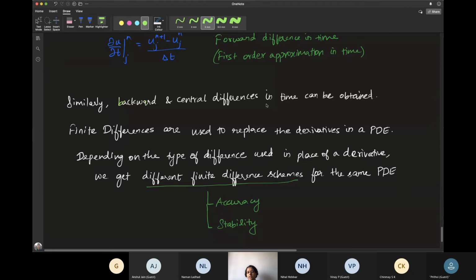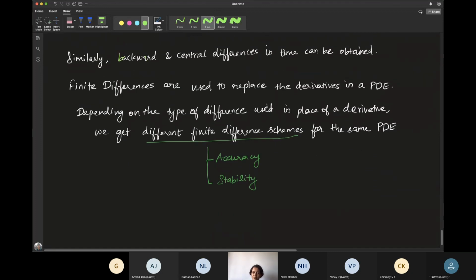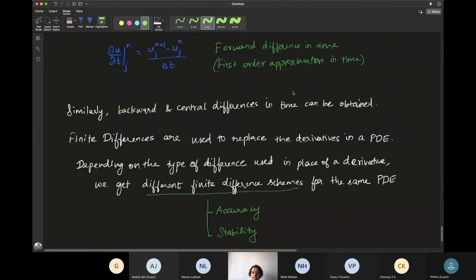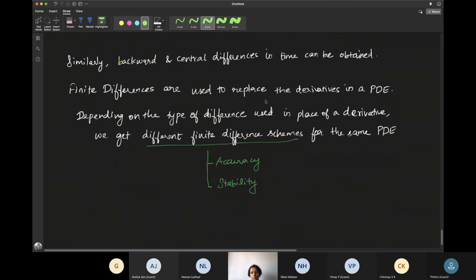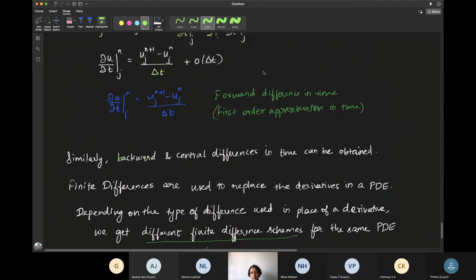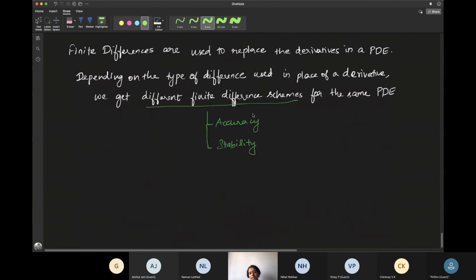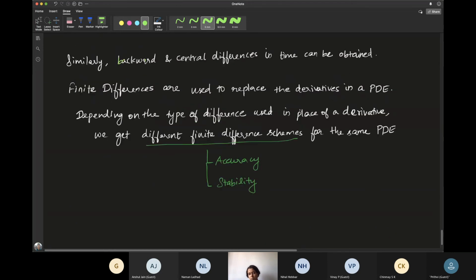So these finite differences are actually used to replace the derivatives in your PDE. Depending on the type of difference, in a PDE you have multiple derivative terms, and each of those terms can be written as any of these difference operators.